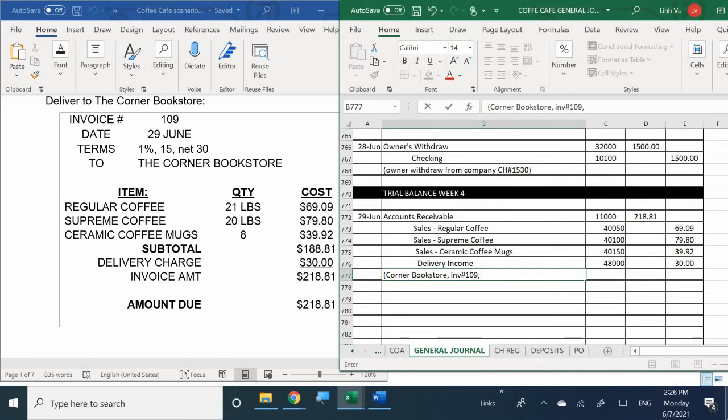Terms were 1%, 15, net 30. Okay. Good. And we match on the paper as well for 218.81.